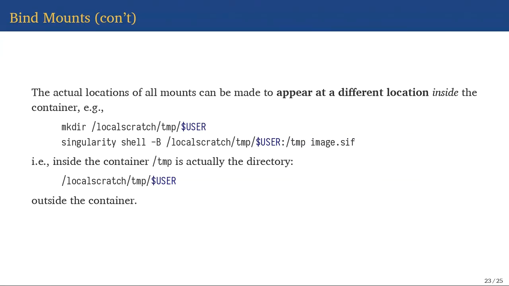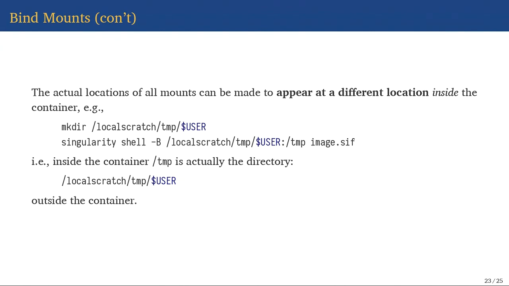Then you put colon, and you put /tmp, and inside your container, the temporary directory won't be RAM anymore. It will be whatever that directory is that you specify. You probably specify somewhere in local scratch if you're doing that, because you probably don't want your quota to kick in on that.